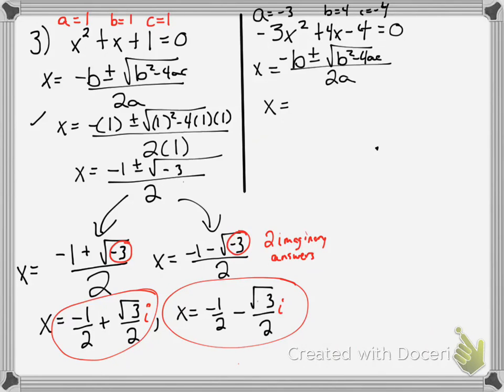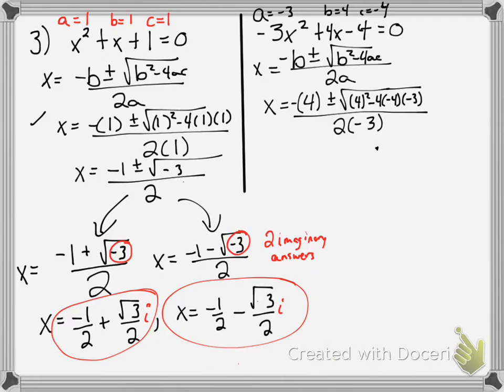Now I just need to fill into my equation. So I've got negative 4 plus and minus the square root of 4 squared minus 4 times negative 4 times negative 3, all over 2 times negative 3.